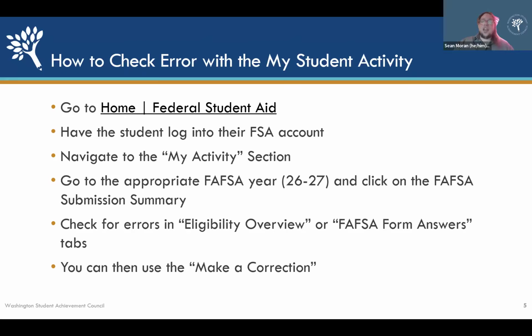And then you can check for errors in the eligibility overview or FAFSA form answers tabs. You can also use make a correction. So this is just helpful if you are trying to figure out how do I find the errors with the students, how to make sure that you are seeing every single error they have as well. Because oftentimes what'll happen is there could be a combination of errors that are going on at the same time.